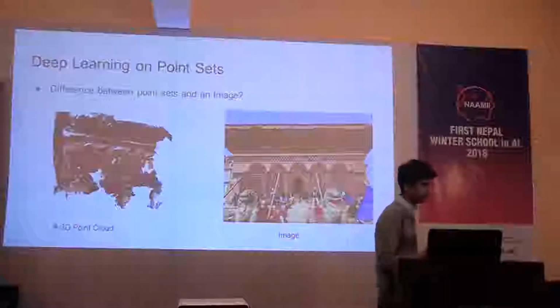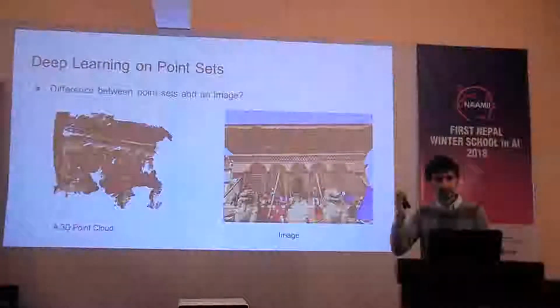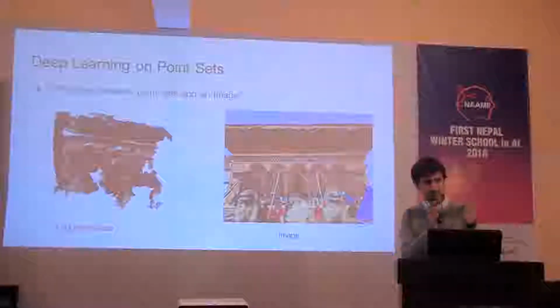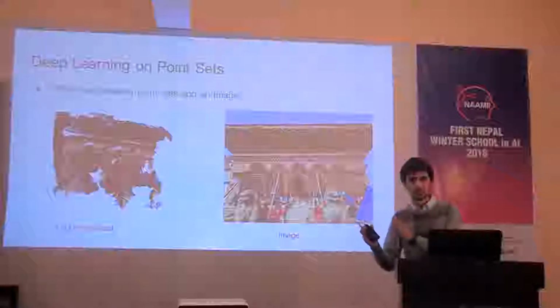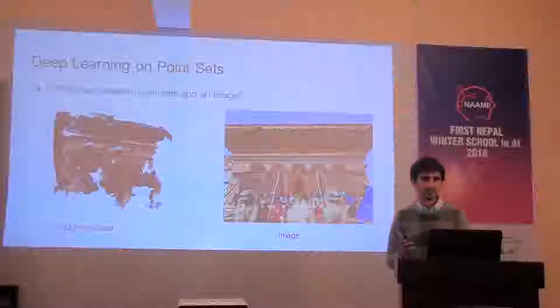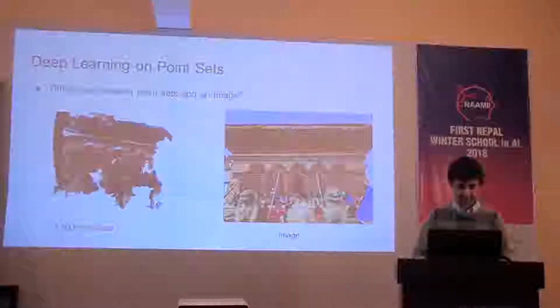Each component would have an order in a vector, but the clients themselves would not have an order. You have to be invariant to the order of the data there. So that's the point we're going to make here.